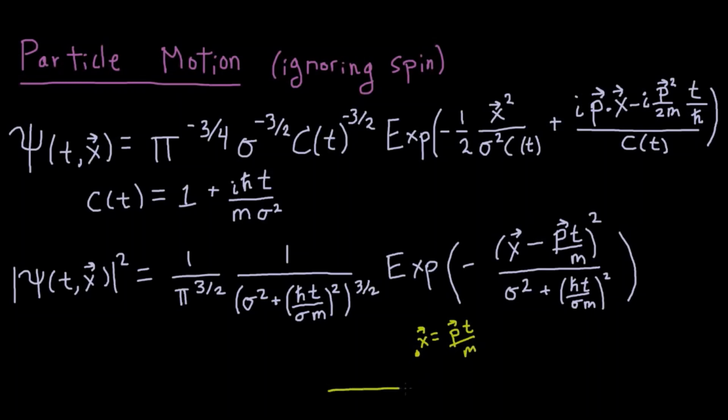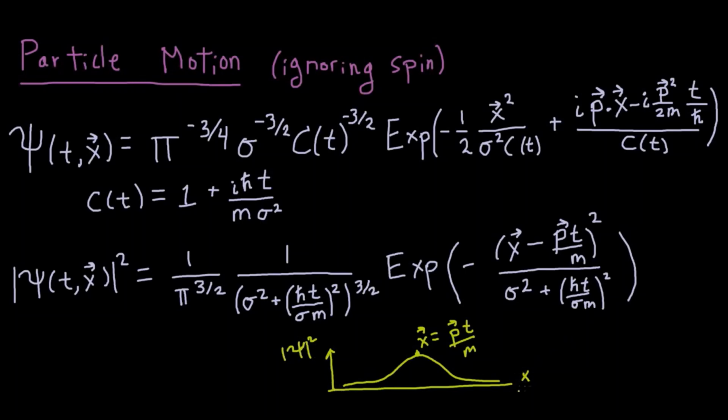In other words, I can't draw it in all 3 dimensions, but I'll just draw it in 1 dimension here, let's just say x. What this will look like is a bump that is maximum where x equals pt over m. So here I'm graphing the absolute value of psi squared.